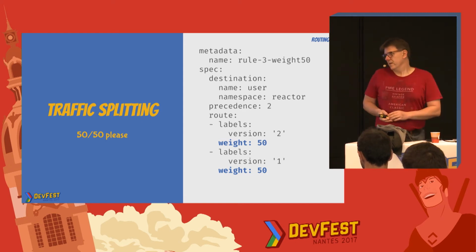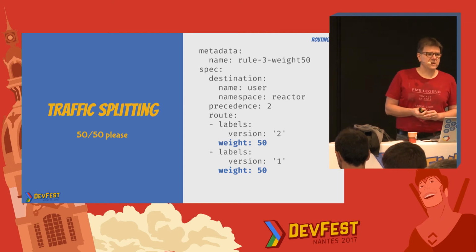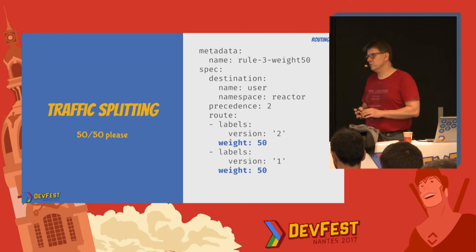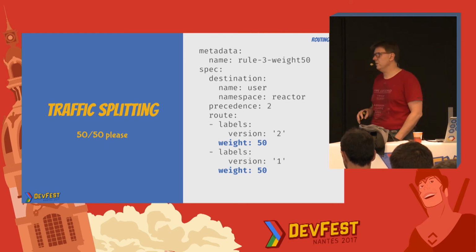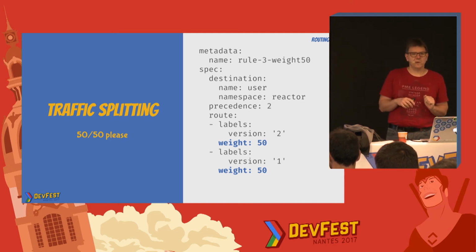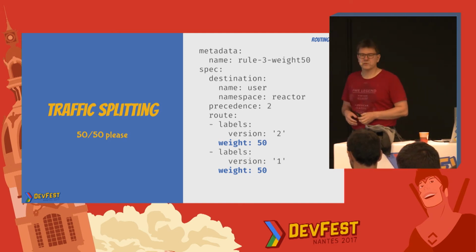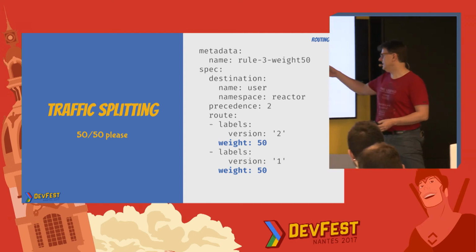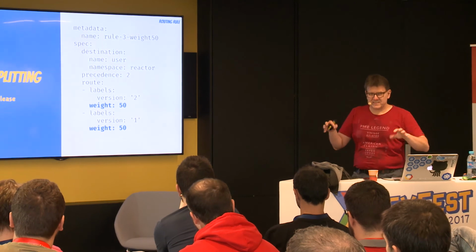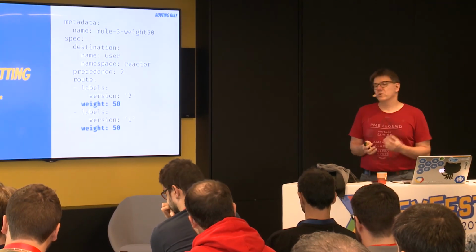Okay. But I personally find it kind of cumbersome. You have your deployments, you have rollout and so on, but you do not have a lot of control. While if you put Istio in between, you actually have a lot more control, because it knows about those different versions, and it's aware of the network, so it can do a lot more.